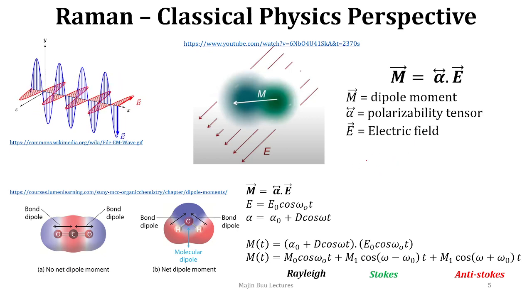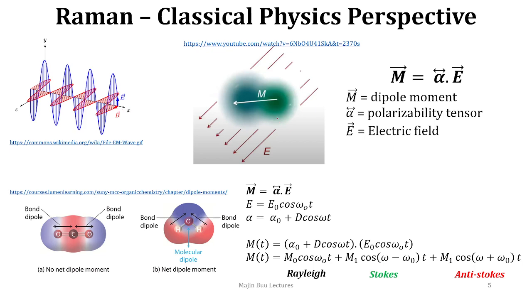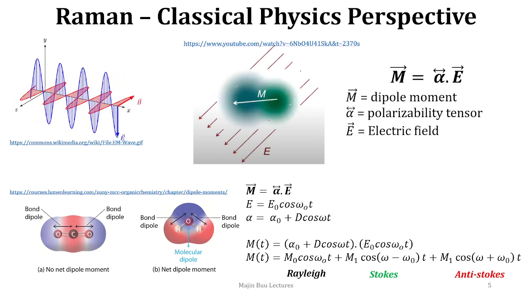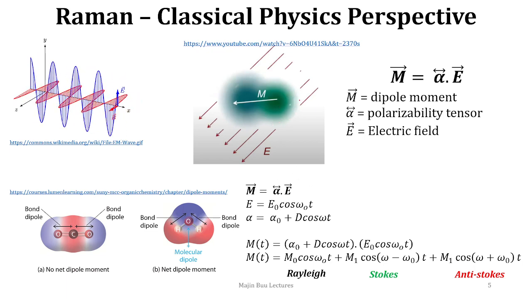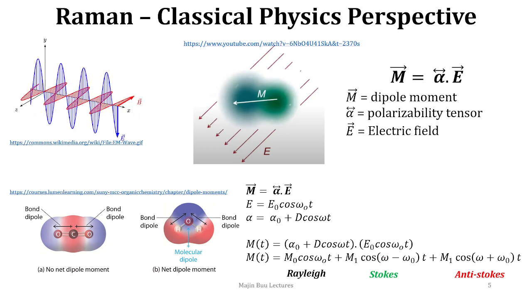The polarizability is a property of the molecule that describes its ability to undergo electron cloud oscillation or polarization on its interaction with the electromagnetic field.